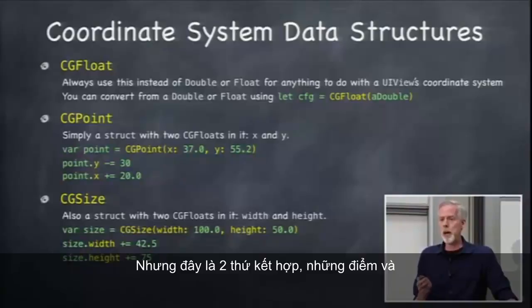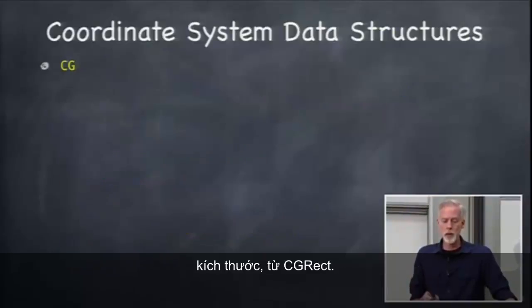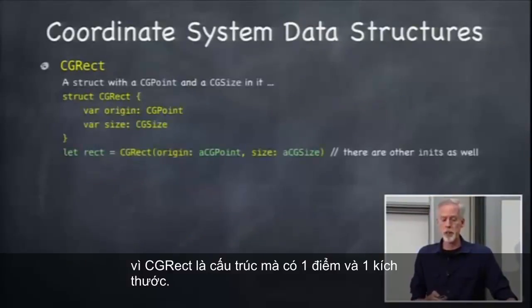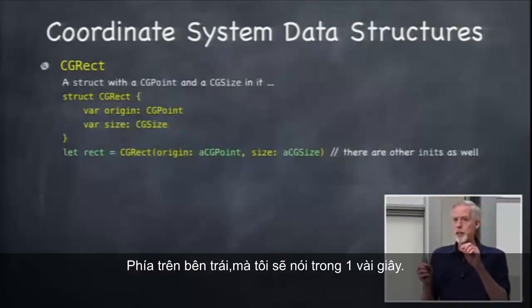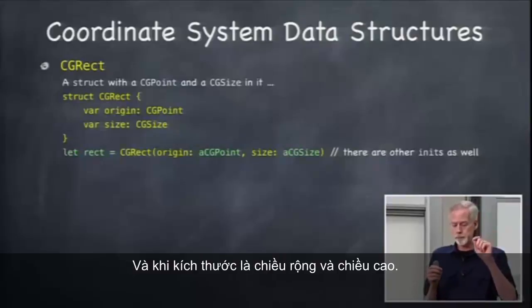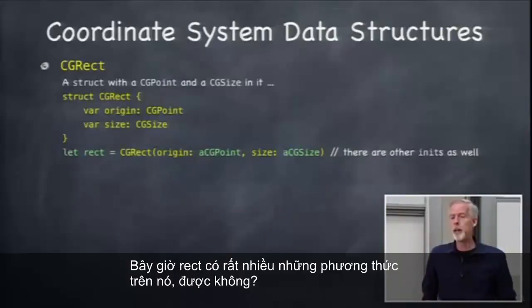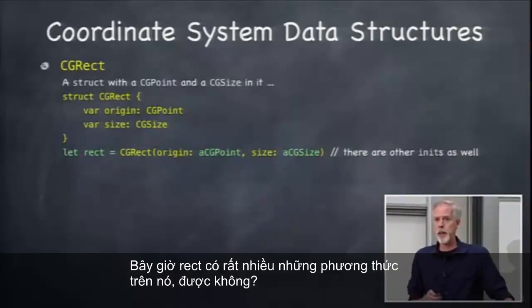But these two are combined, the point and the size, into CGRect. So a CGRect is a struct that has a point and a size. The point is the origin of the rect, upper left, which I'm going to talk about in a second. And then the size is the width and height. Now, rect has a lot of methods on it.